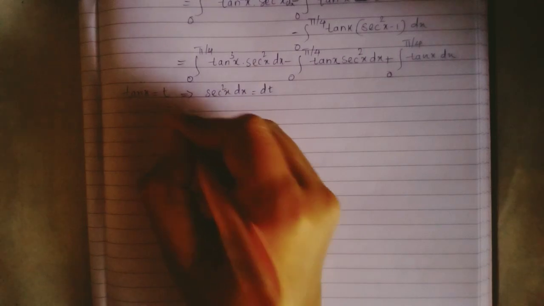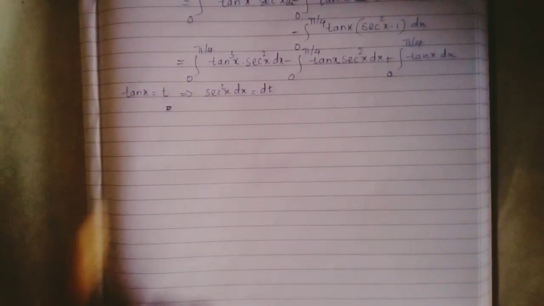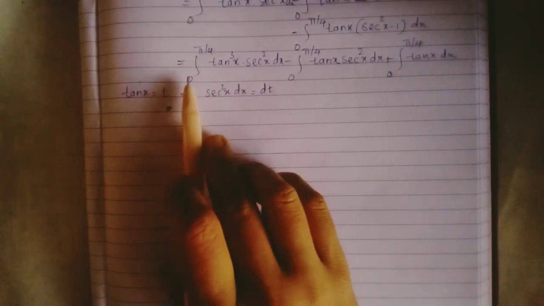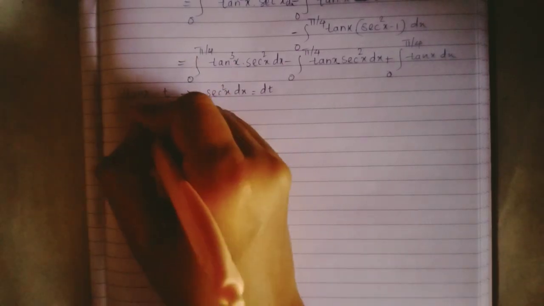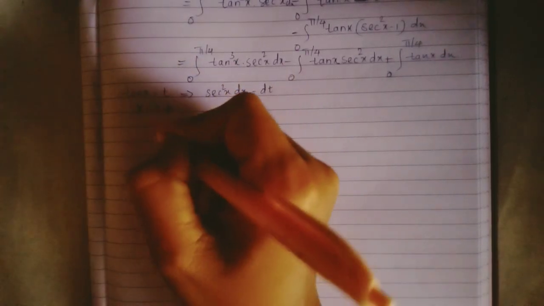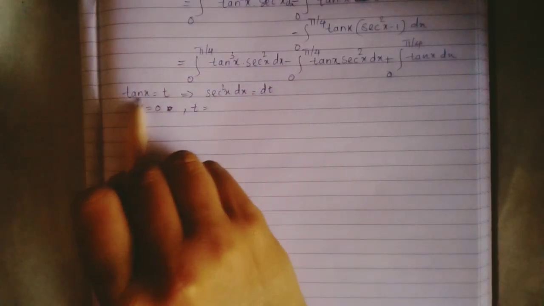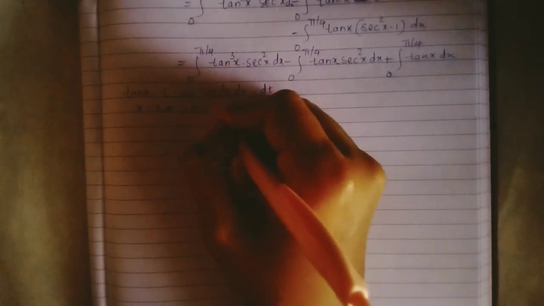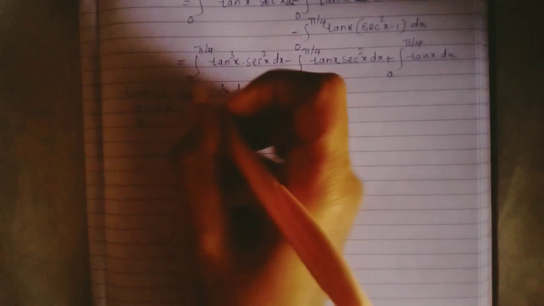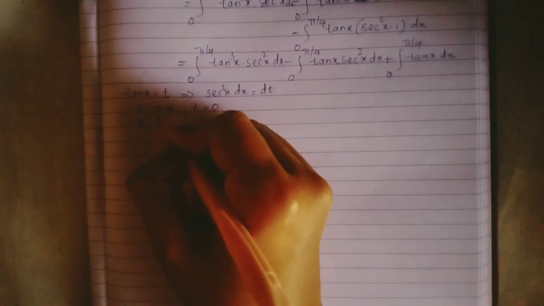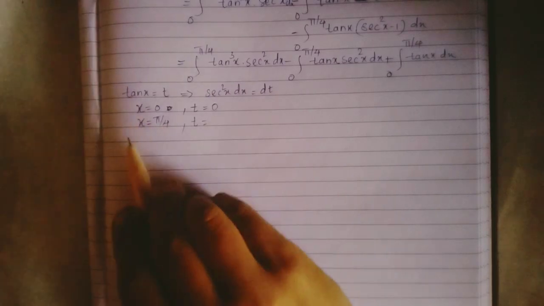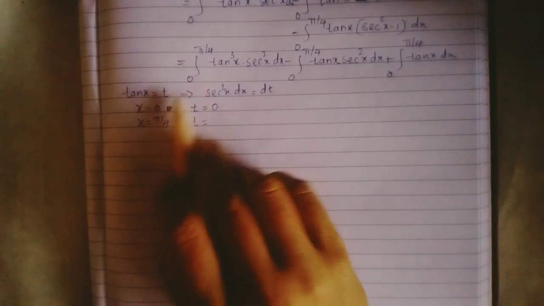Also you have to change the limits, because limits are given. When x is equal to 0, t will be equal to tan 0, so 0. When x is equal to pi by 4, t is equal to tan of pi by 4, which is 1.